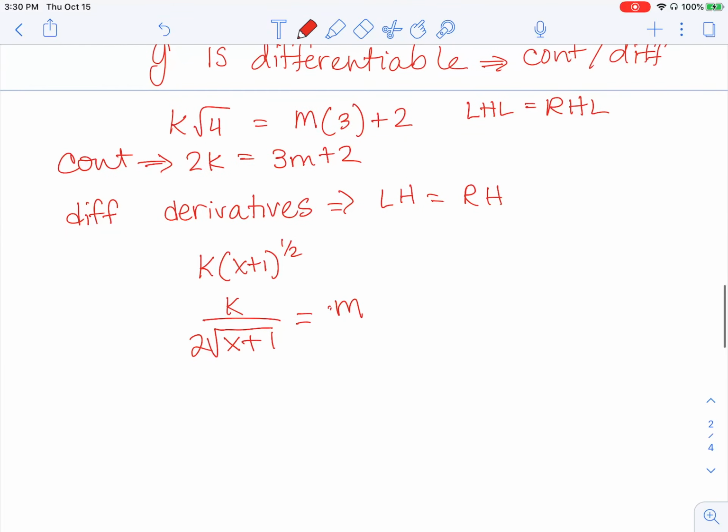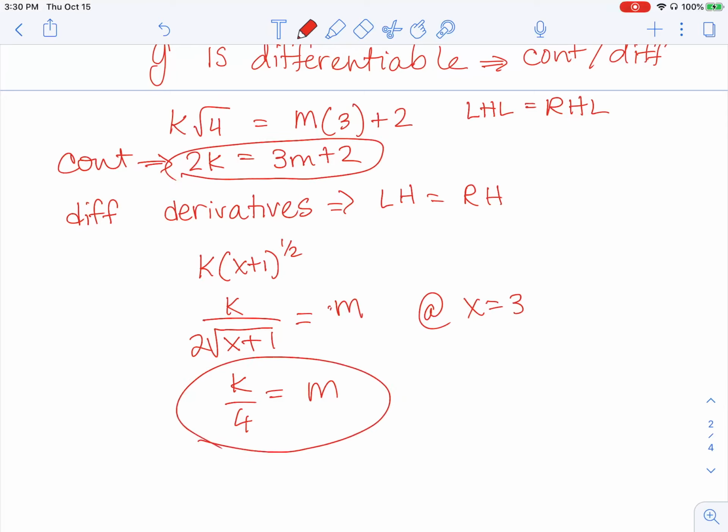If I plug in x equals 3, I get k over 4 equals m, and then I've got two equations, two unknowns. I can now solve for both m and k.